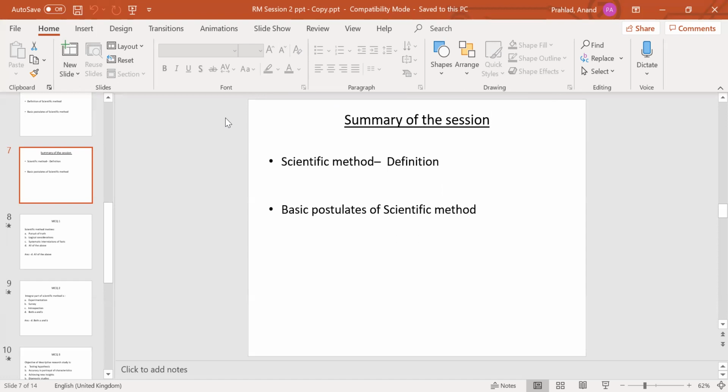The postulates of scientific method are relying on empirical evidence, utilizing relevant concepts, maintaining objectivity, making the methodology known to all, and also formulating scientific theories. And we also understood that there is a significant relationship between research and scientific method.